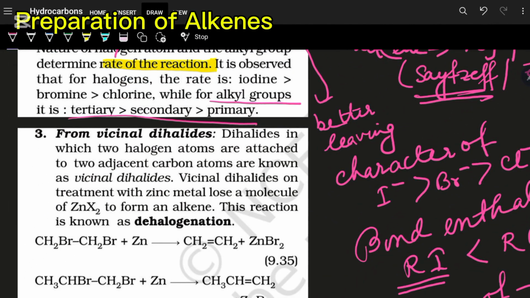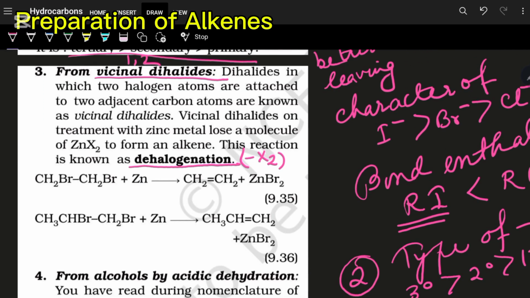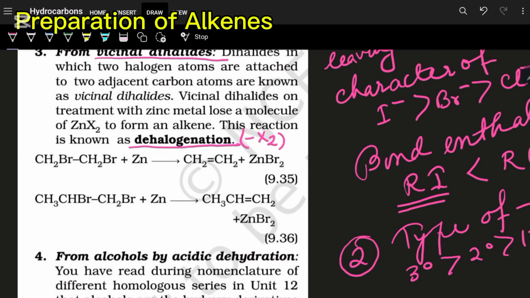Next, from vicinal dihalide. Vicinal means 1,2 dihalide, adjacent positions, there will be dihalides, and it is known as dehalogenation. The meaning of the term dehalogenation is minus X2. But remember, this reaction takes place with zinc metal.